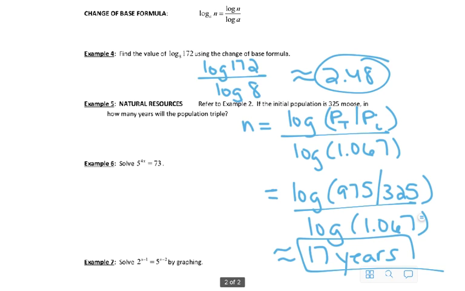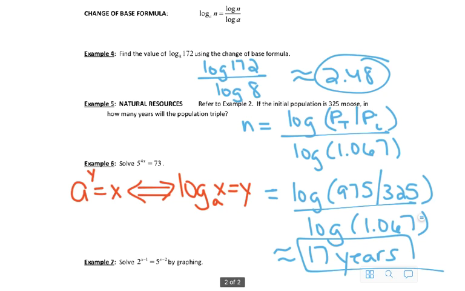In problem 6, remember we said that if we have something in exponential form and we don't really know how to find the answer to it, we could rewrite it in log form. Here was the conversion between exponential and log form. So I could rewrite 5 to the 4x equals 73 as the log base 5 of 73 equals 4x.